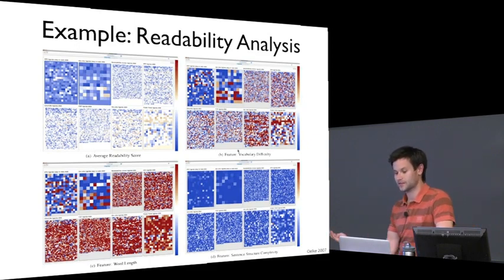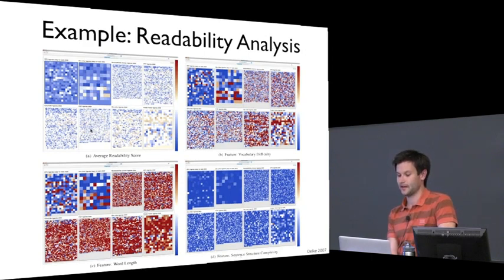And this depends on several features, like how difficult the vocabulary is, or how long the average length of the words is, or what the complexity of the sentence structure is. And if you merge them together, then you get this readability score.